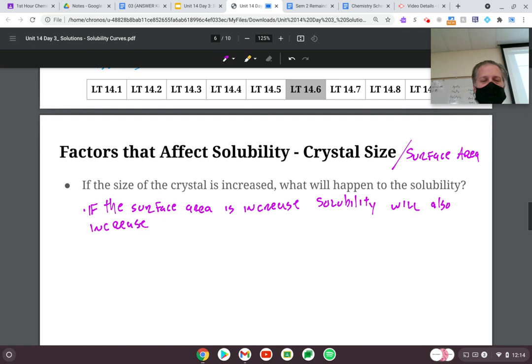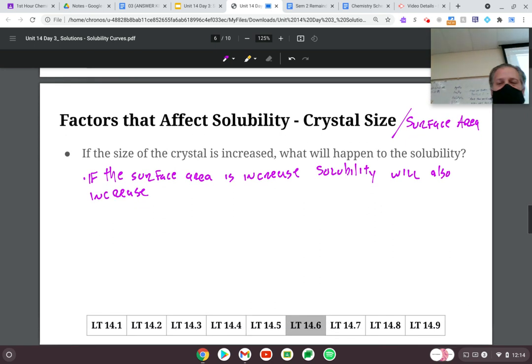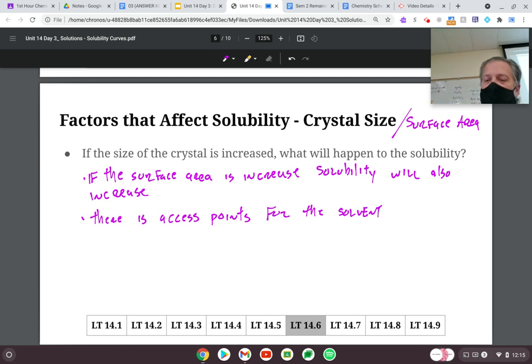So increasing surface area increases solubility because there are more access points for the solvent to come into contact with the solute.